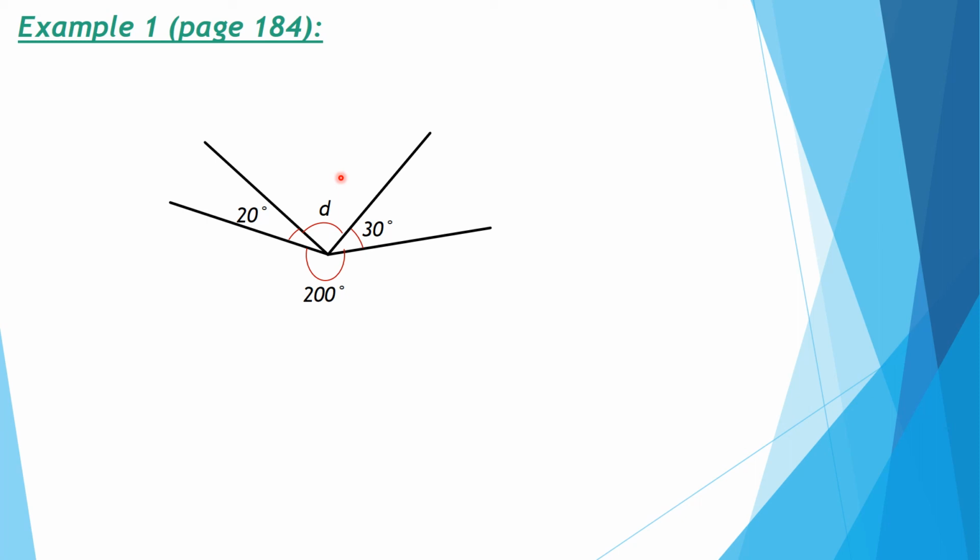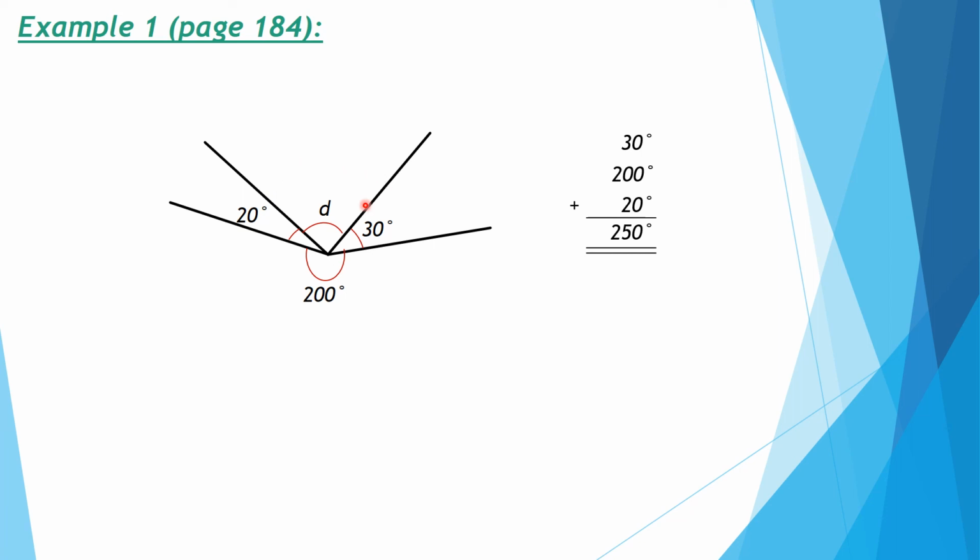Yes, first of all, we can get the sum of the given three angles: 20, 200 and 30. So, the sum of the given three angles is 250 degrees.